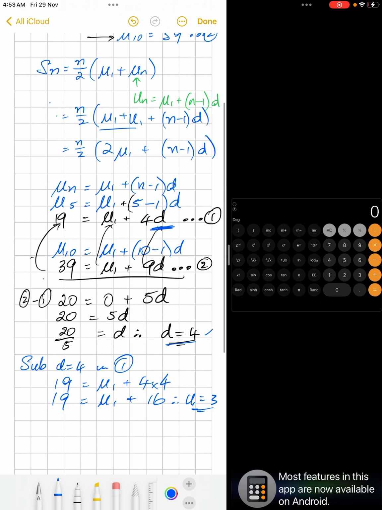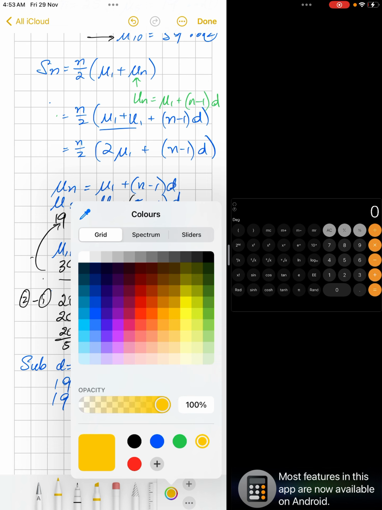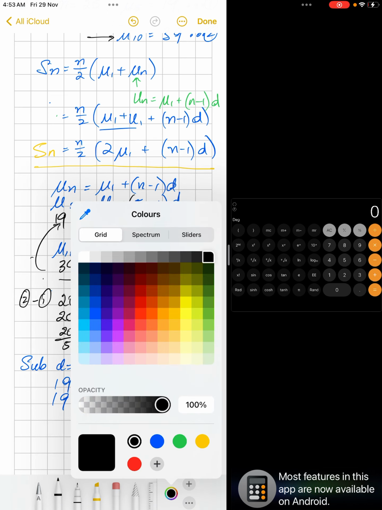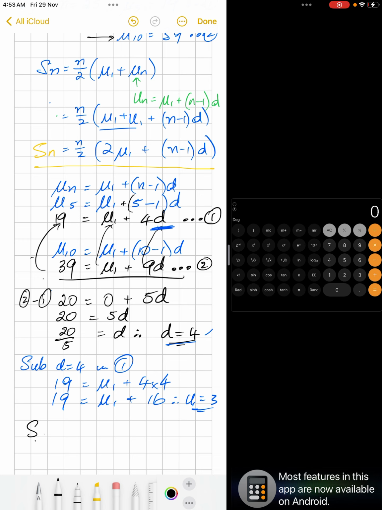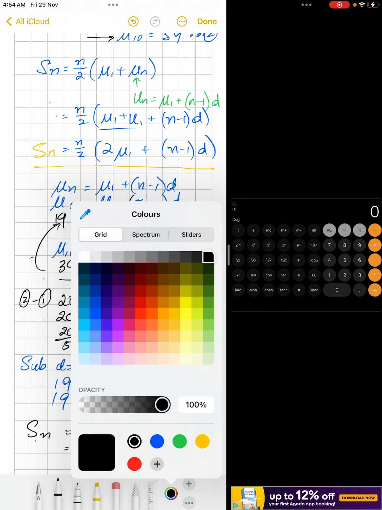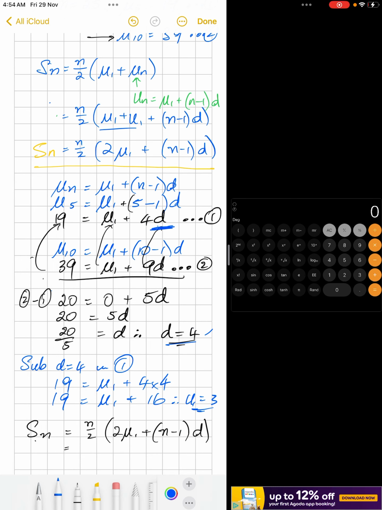Now we can go back to our formula above here and say, therefore, S of n, we'll write the formula down: n over 2 times 2 u1 plus n minus 1 d's, and replace n with how many terms we want.